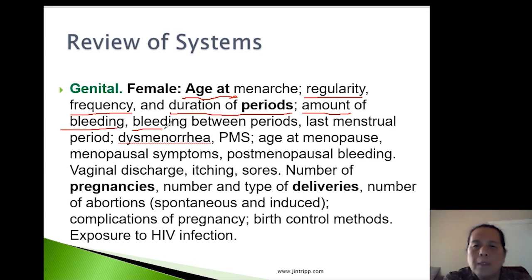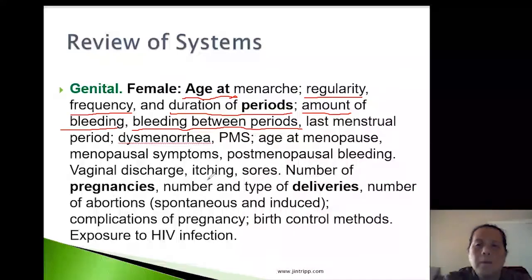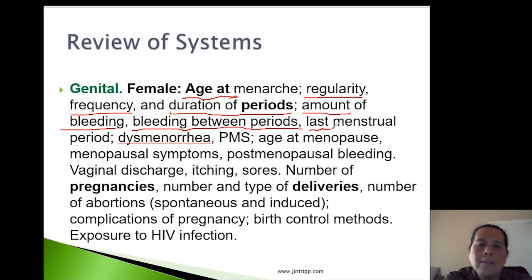If there is some bleeding between the periods, and what's the time of the last period, and if they have some painful situation, and the PMS, like people have some emotions always before the period, and if the patient's menstruation stopped, what is the age, and some symptoms, and some people's menstruation stopped and then they still have some bleeding, that will be abnormal.